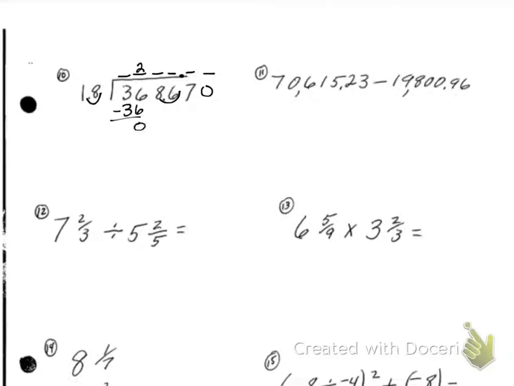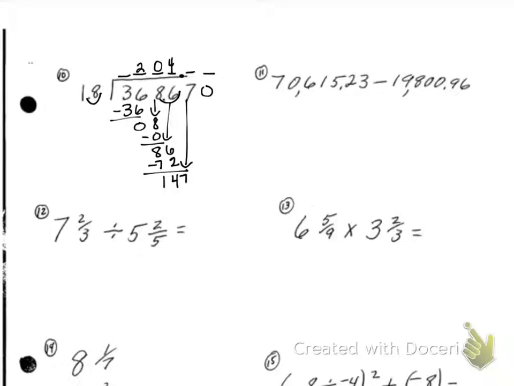When I subtract, I get 0. Drop your 8. 18 into 8 is 0. 0 times 18 is 0. Subtract, get 8. Drop your 6. 18 into 86 is 4 times. 4 times 18 is 72. When I subtract, I get 14.